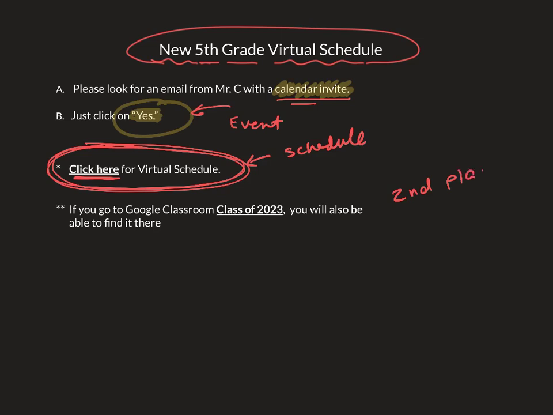I like to be redundant so we have more places to find it. In Google Classroom, class of 2023, that's where your virtual schedule will also live. It's really easy to find. If you look around, it's going to be in one of the tabs.